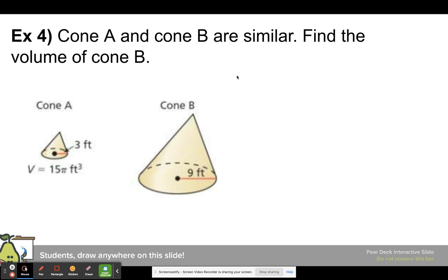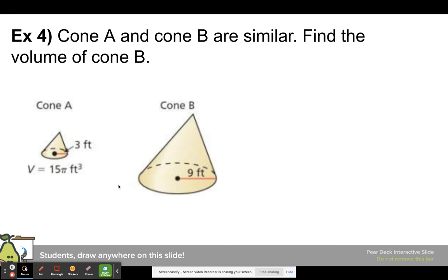So first thing that you should have done was you should have found the ratio of similarity just by comparing. We are given the radii of each cone.